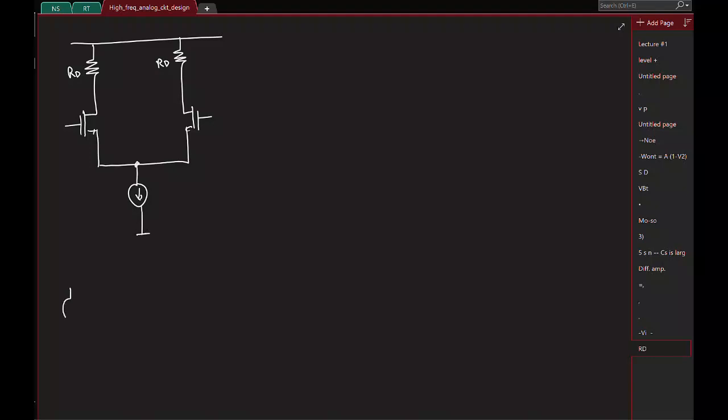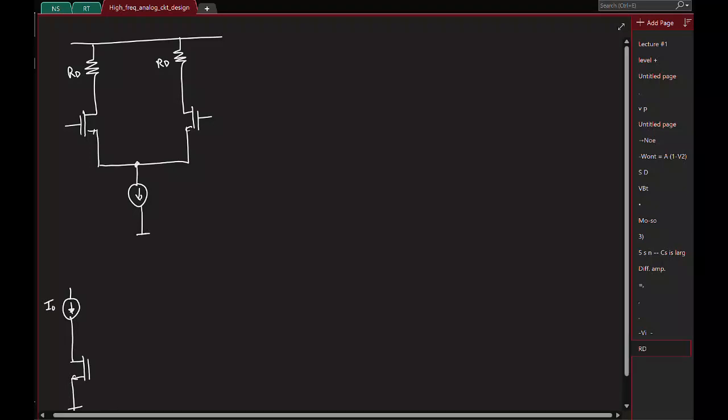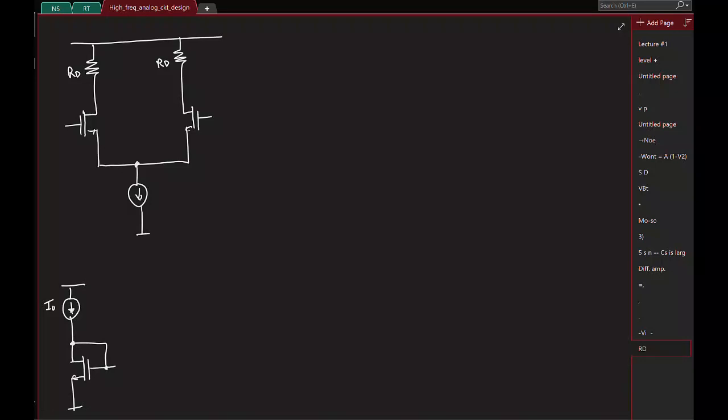And for replicating currents, you can do this: you take a current I0, pass it through a transistor, put it in feedback like this, so that you obtain the required gate voltage to support the particular current, and then you can copy it to however many transistors you want.